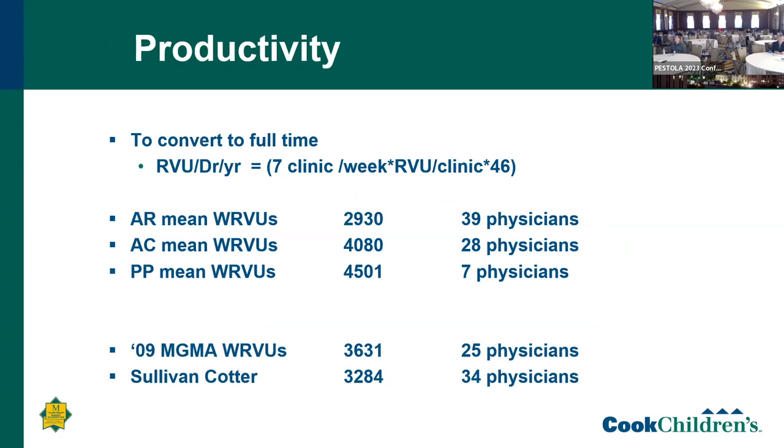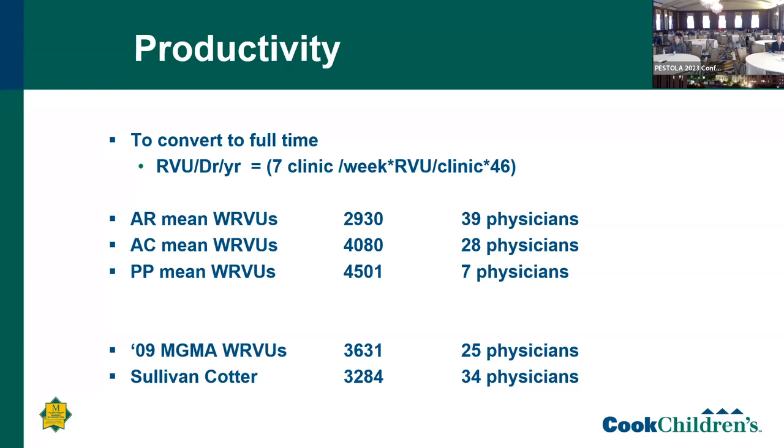So just bear that in mind when you look at this data. But the nearest MGMA to the time of this survey, this is 2009, this is 2011 data, showed that the average physician was doing 3,631 RVUs a week, and the Sullivan-Cotter, which is another survey, showed 3,284.